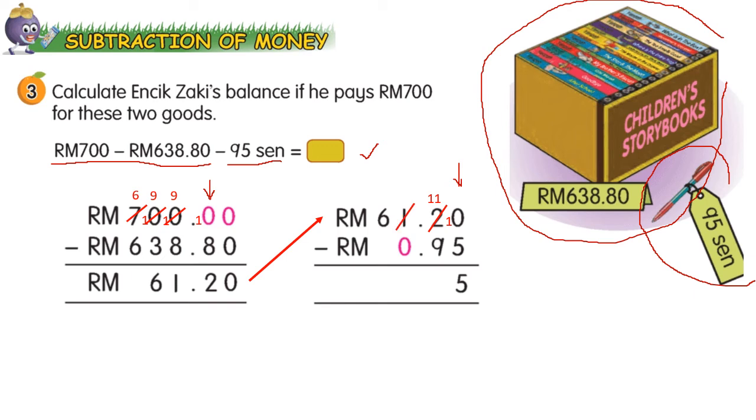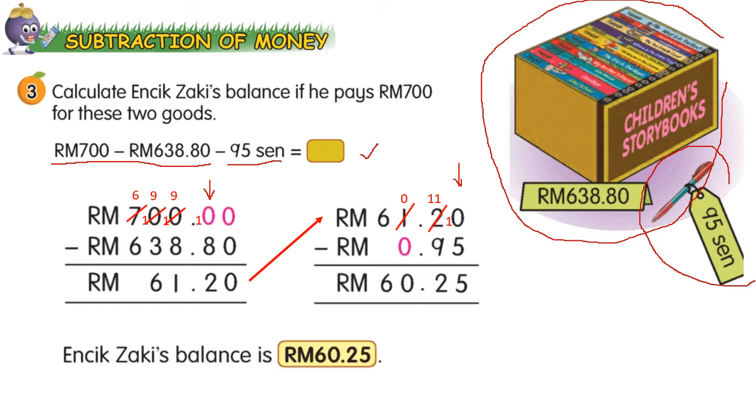Now 1 becomes 11. 11 minus 9 is 2. So 0 minus 0, 0. Before that, don't forget the decimal. And then 6 minus nothing, 6. And again RM. So the balance of Encik Zaki is 60 ringgit and 25 cents.